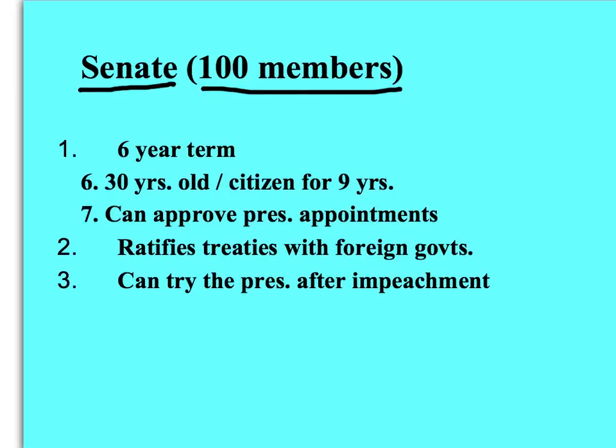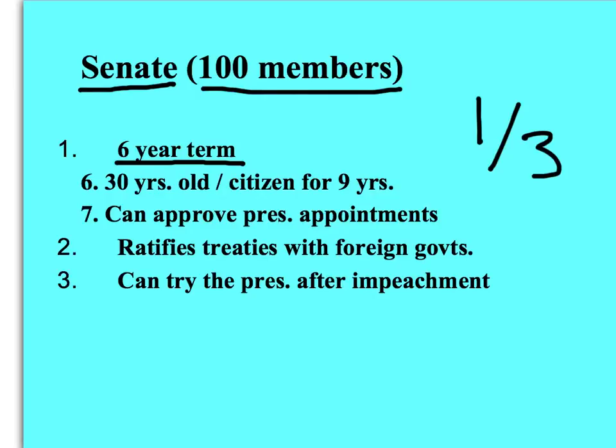The Senate term, to get to be a senator, is a little bit better. First of all, there's only 100 of you versus 435. Plus, you get a 6-year term. And how this works is a third every 2 years. Every 2 years, 1/3 of the Senate is up for re-election.